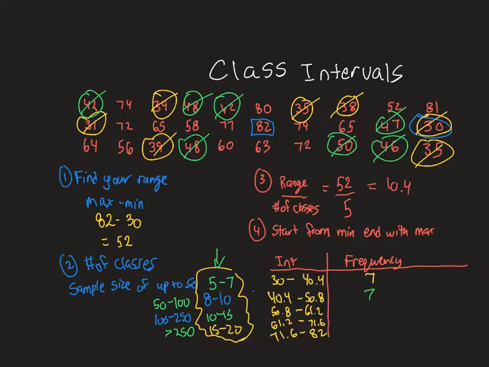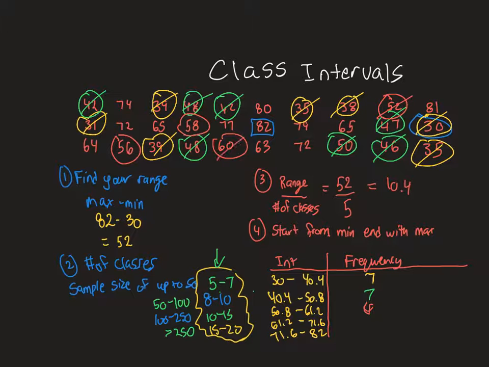All right, 50.8 to 61.2. So let's use a nice red here. So this one, yeah. 1, 2, 3, 4, and c'est la vie. That's it. So 4.